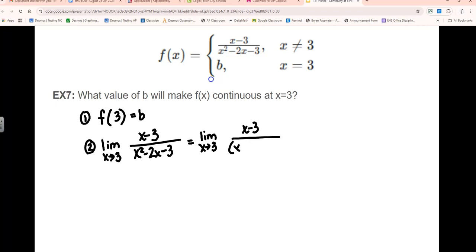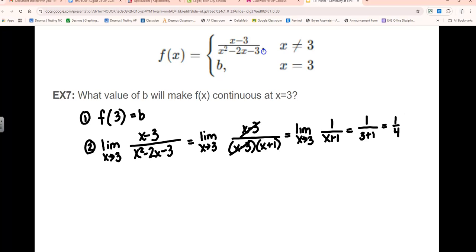I will have x minus 3, x plus 1 on the bottom. These will cancel. That means I'm doing the limit as x approaches 3 of 1 over x plus 1, which gives me 1 over 3 plus 1, so 1/4.